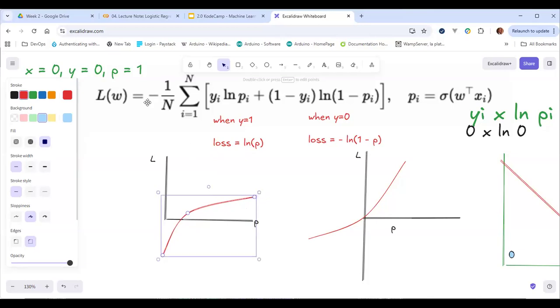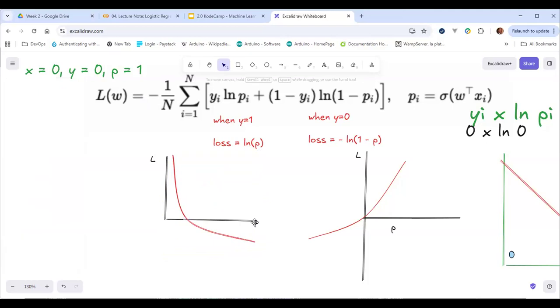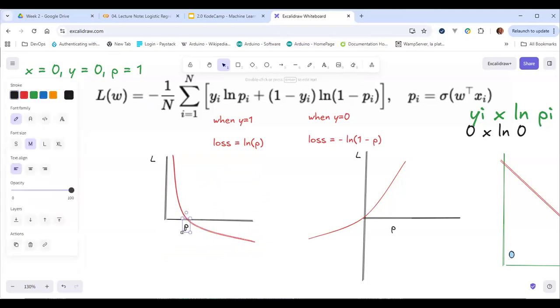Now, remember you have a sign here. So when you have a sign, that means we flip it. If we flip it, you now have the same thing, but this time around, it looks something like this. It still crosses the line at this point. So what's happening is that when p is at 1, the probability is at 1, remember, this is the equation we use to calculate the loss when the actual value is 1.